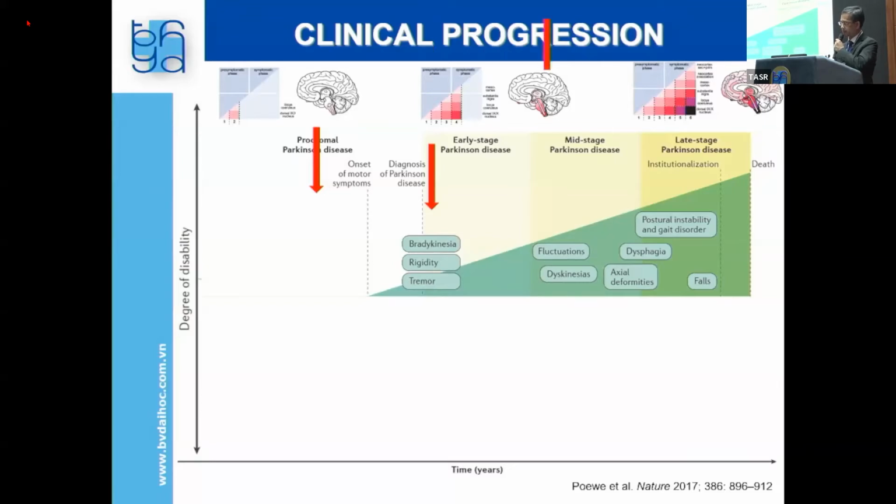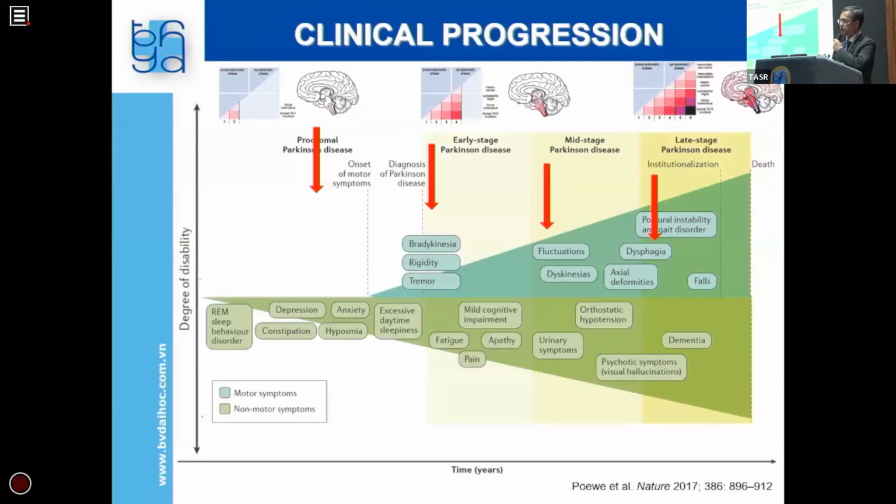And when the patient progresses to the late stage, we can see postural disability, falling, freezing, and dementia will appear. So that is the progression of the motor symptoms in Parkinson's disease.